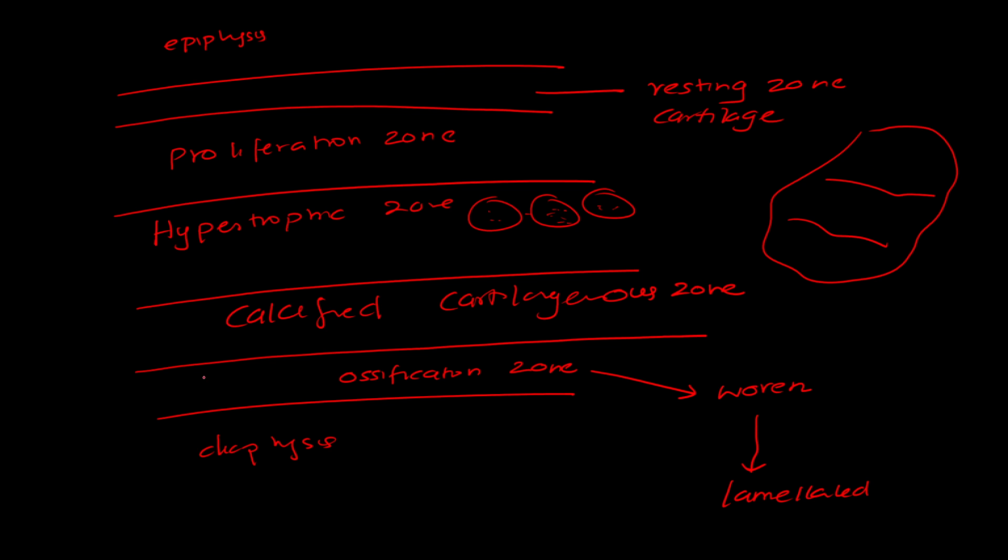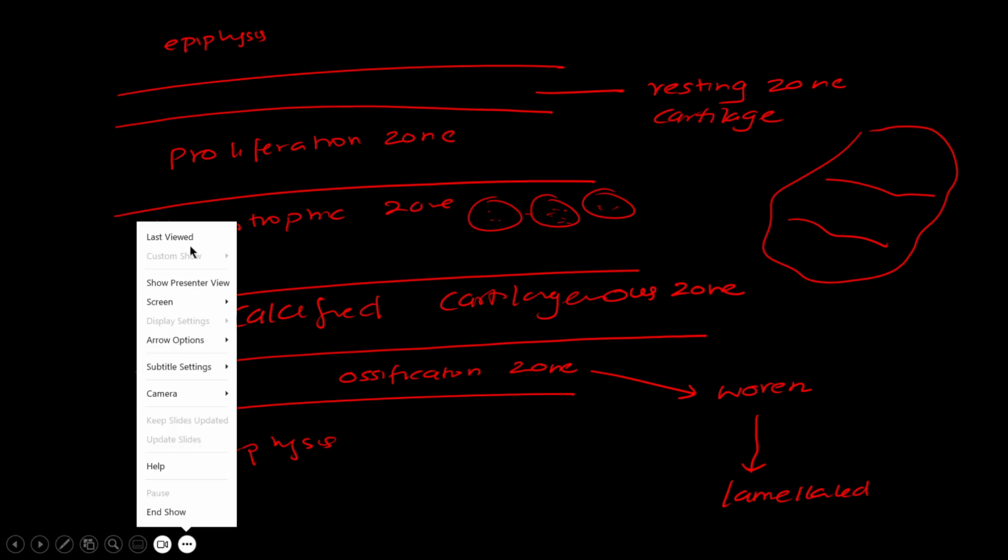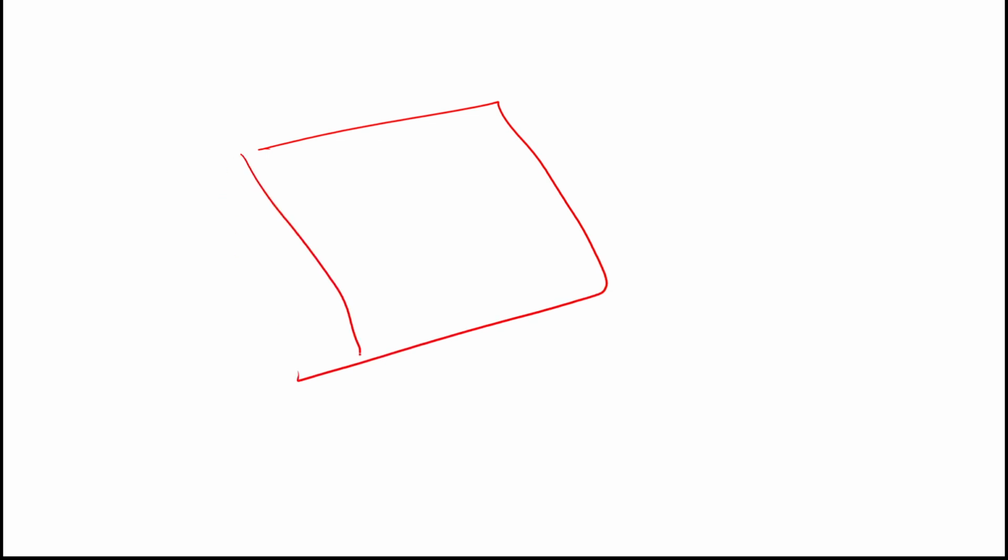Now, for an example, let's assume this is the bone, and usually there are ossification centers. There are a few ossification centers. These are known as secondary ossification centers. I'll go to them once I start speaking about how ossification takes place.